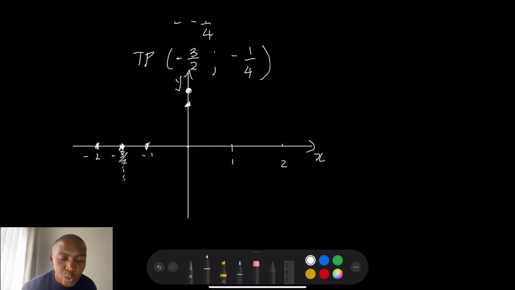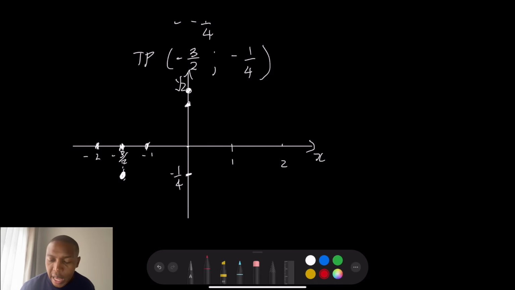So I'm just going to put that value there, -1/4, round about there. Please remember, I'm not drawing this graph to be accurate, I'm just trying to illustrate. I forgot to put the 2 there, so this is where 2 is.